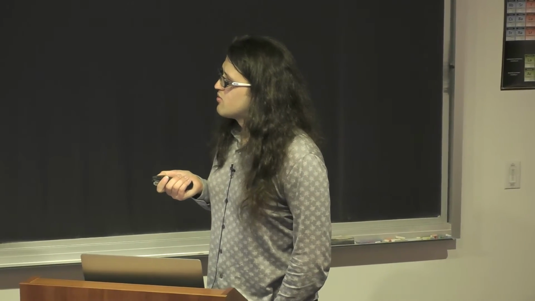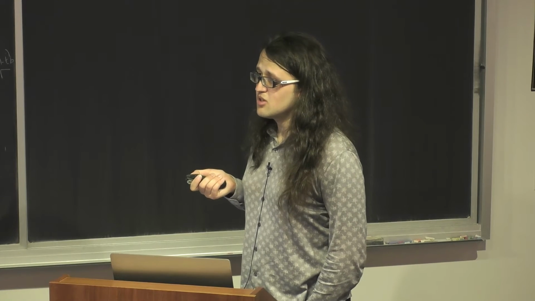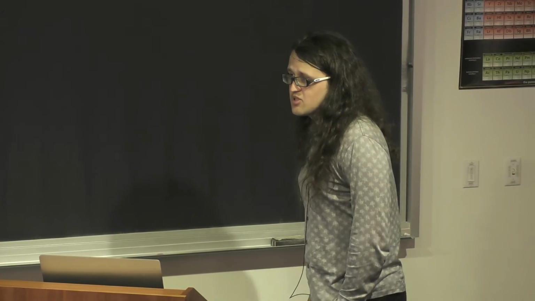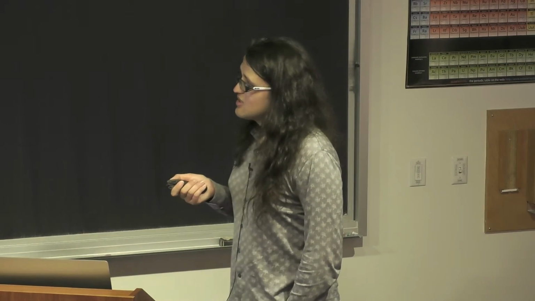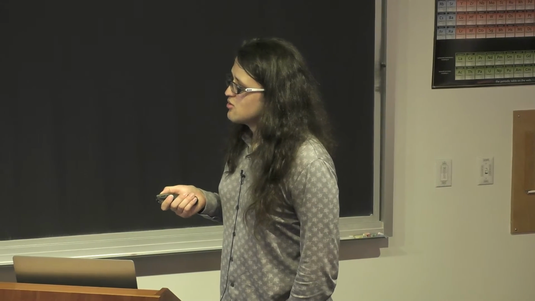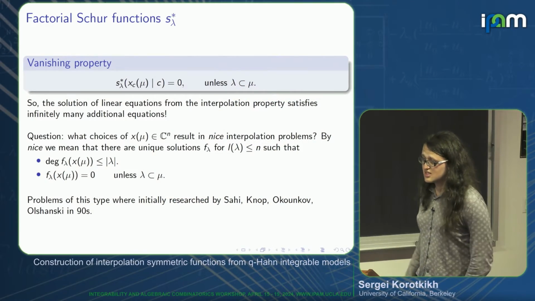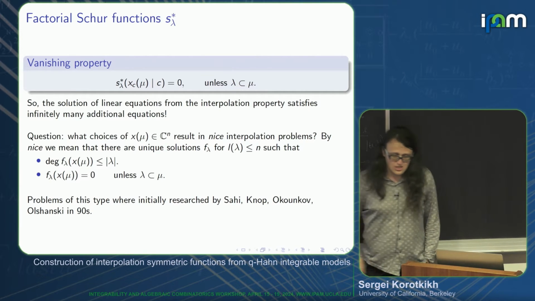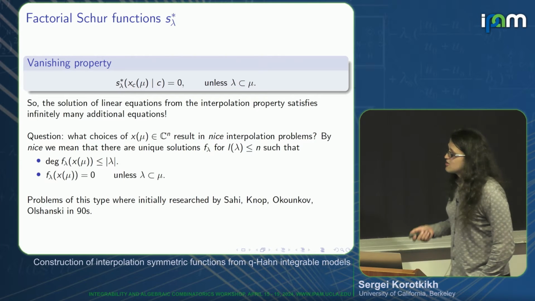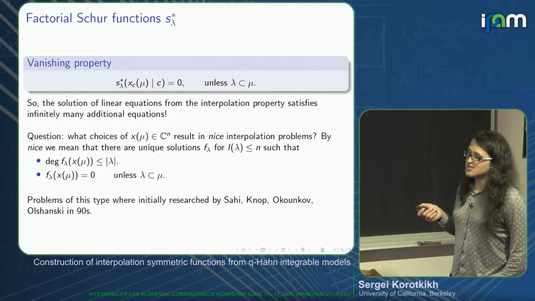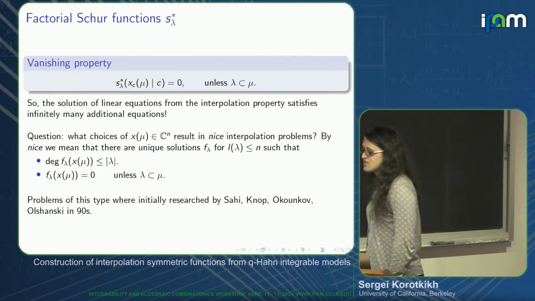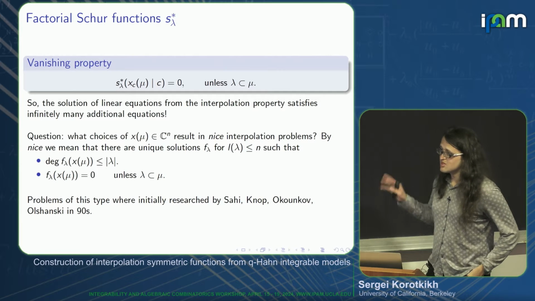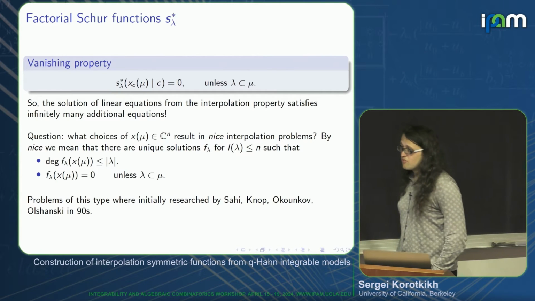What if I want to look for all possible choices of points x_mu in some n-dimensional space such that the interpolation problem for symmetric functions on these points has a unique solution satisfying two properties: the degrees respect the natural filtration of symmetric polynomials, and these functions vanish at infinitely many different points determined by the condition that lambda is inside mu.